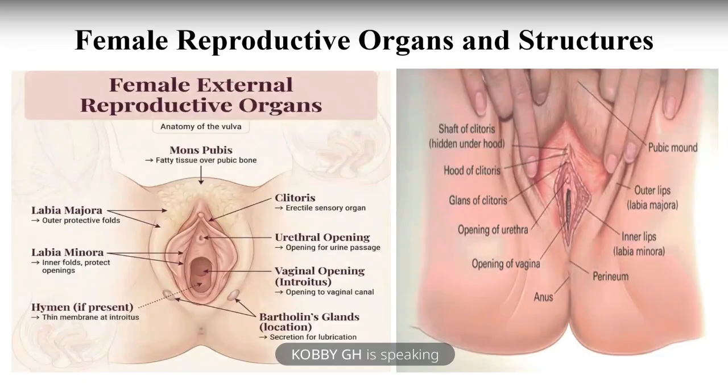Menstrual cramps are not really coming from the vagina. The cause of menstrual cramps is not coming from the vagina. It's coming from the menstrual cycle process.